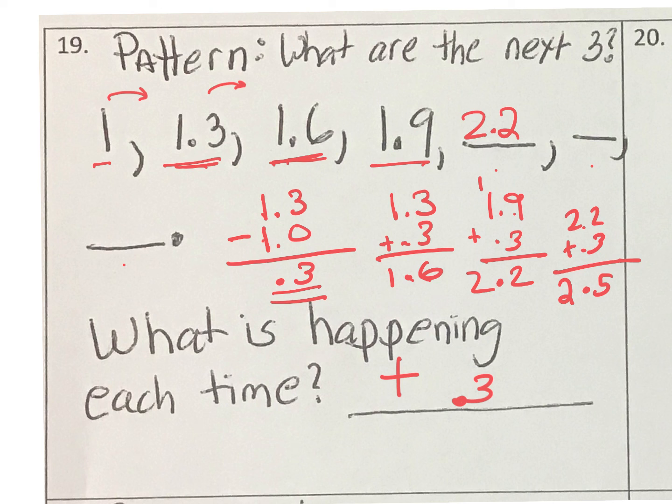Bring down my 2. 2.5. And then I got to do 2.5 plus 0.3. And when I add those up, I drop my decimal. 5 plus 3 is 8. Bring down my 2. It is 2.8. Okay, so what is happening? It's going up by 0.3 each time.